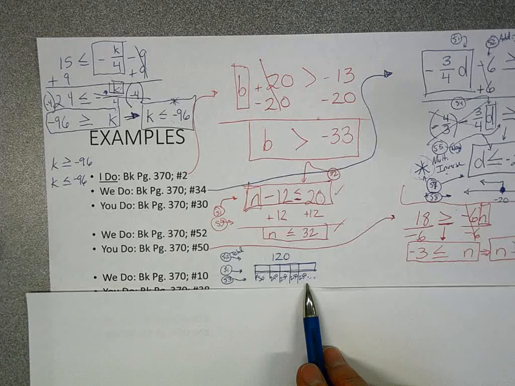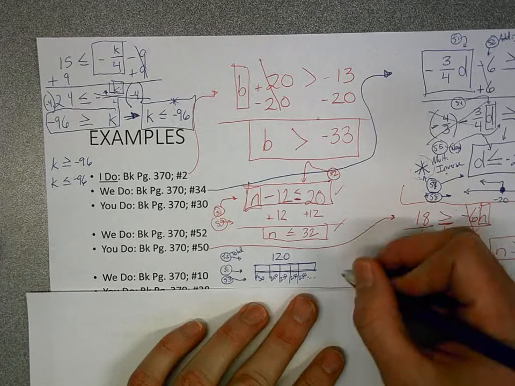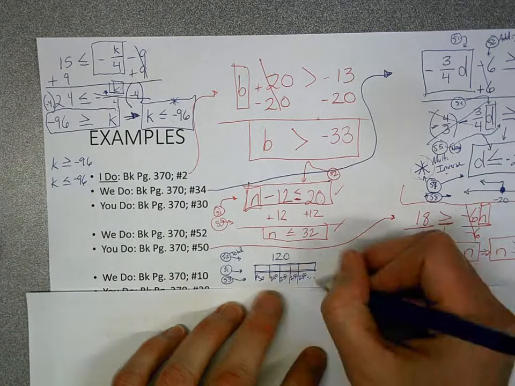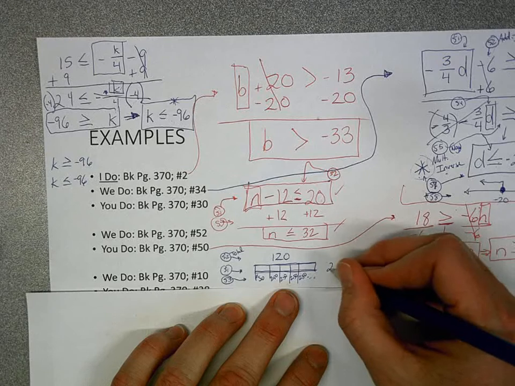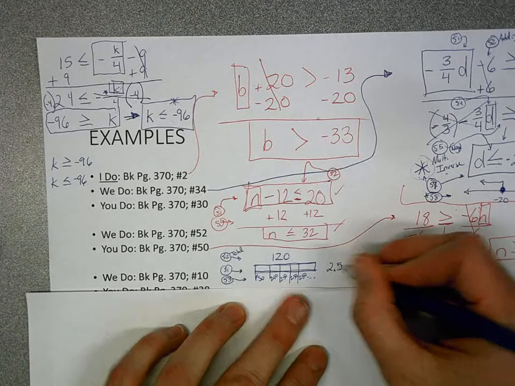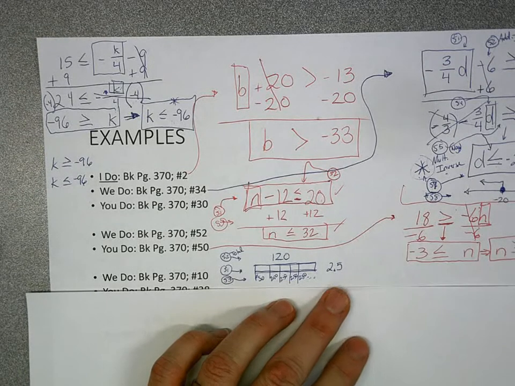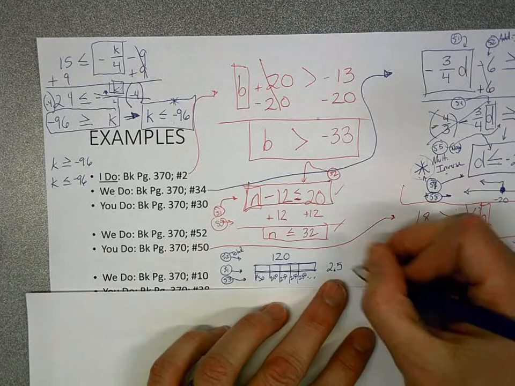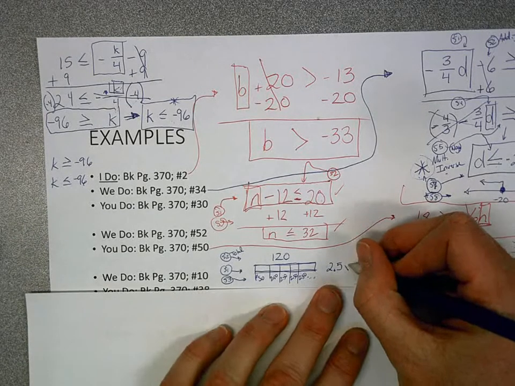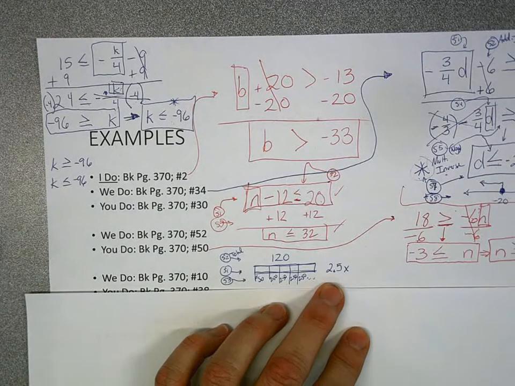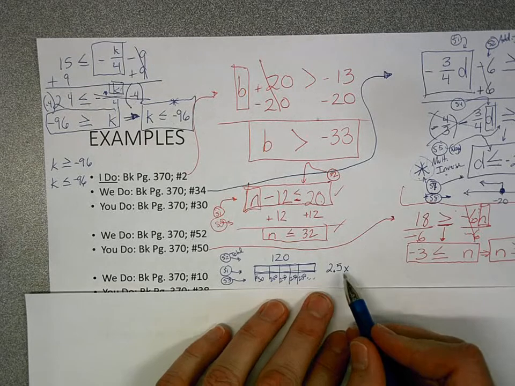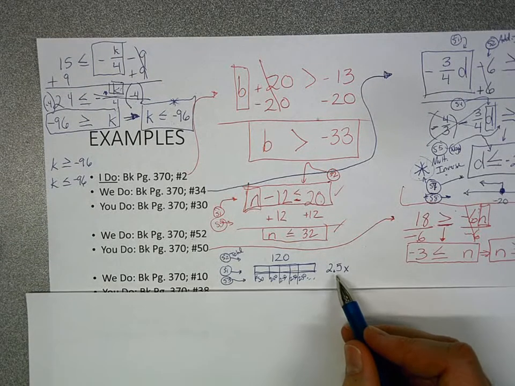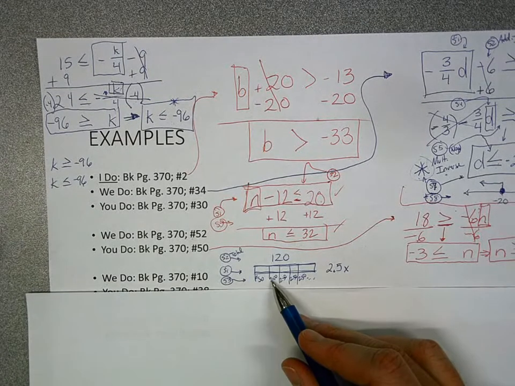So if I'm going to write this, I'm going to write 2.50. You could put 2.50 or you could just put 2.5. It's up to you. It means the same thing. 2.50 times x. We don't know how many tables. What we do know is, if she cleaned 2 tables, she'd make 2.50 times 2.